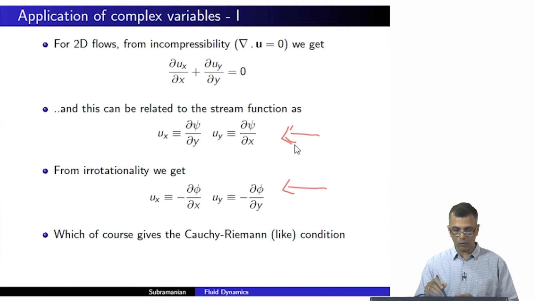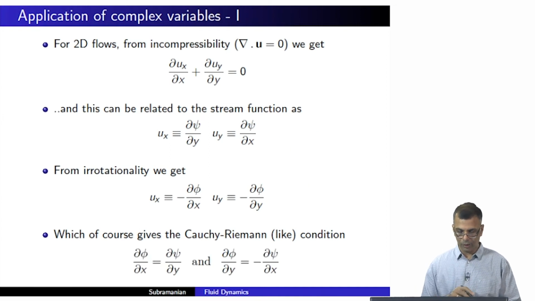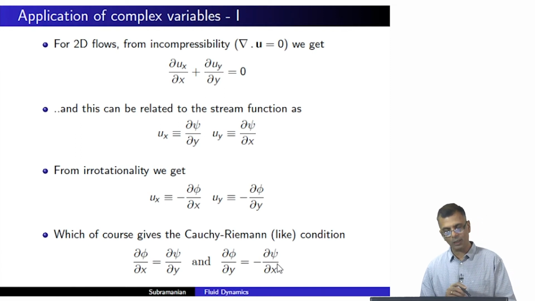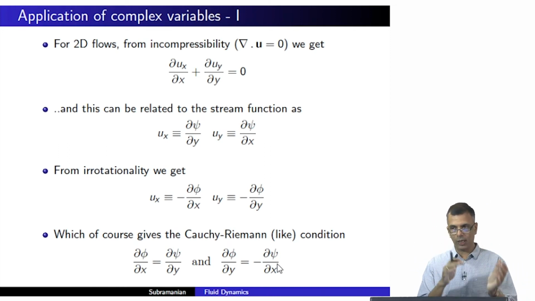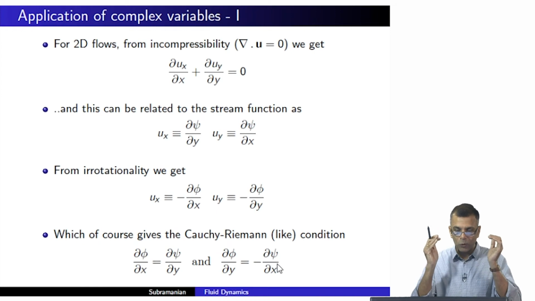Taking both of these together, you get d phi dx is d psi dy, whereas d phi dy is minus d psi dx. Right. So this is very familiar. It's essentially the same as the Cauchy-Riemann condition for complex variables. It's almost as if phi and psi taken together form one complex variable.